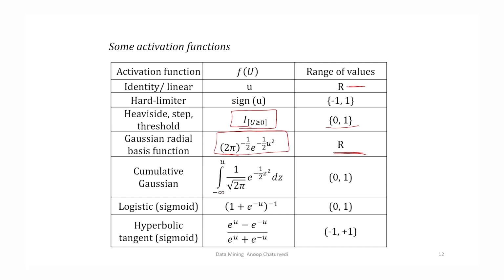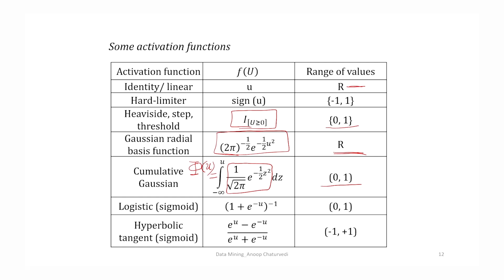So, we integrate the PDF of standard normal distribution from -infinity to u. So, actually this gives you the cumulative distribution function of standard normal distribution, say we may denote it by capital phi u, and its range is the interval 0 1.